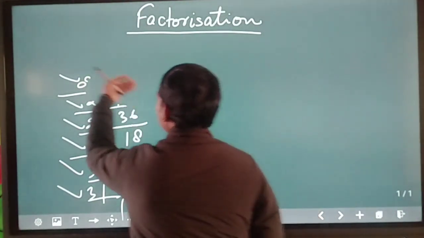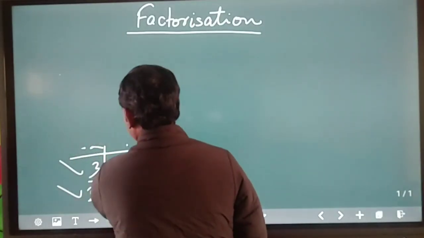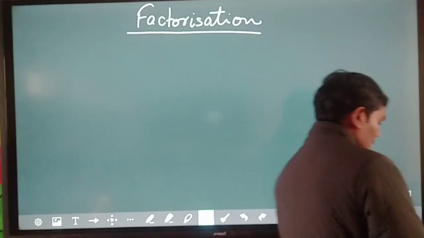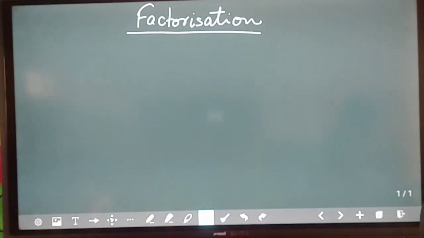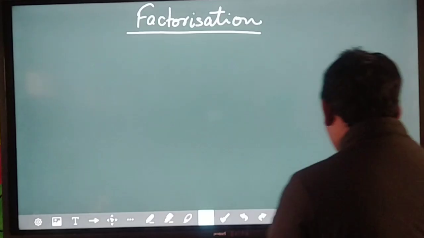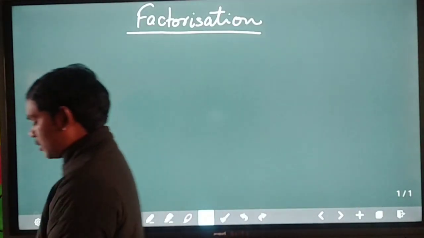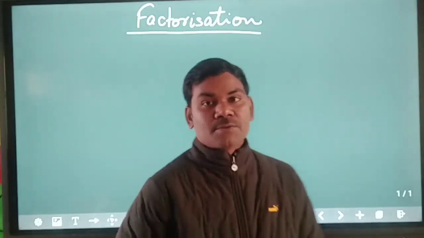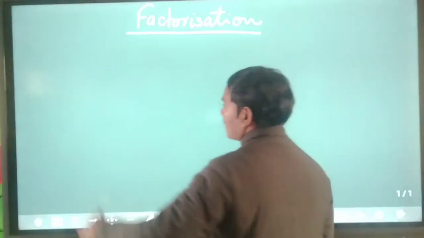Now let's see the starting question of factorization. Before starting the question, let us understand what LCM and HCF are.